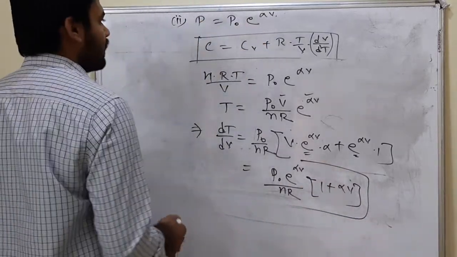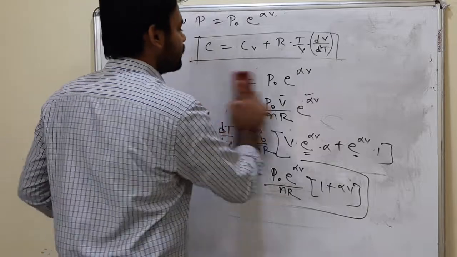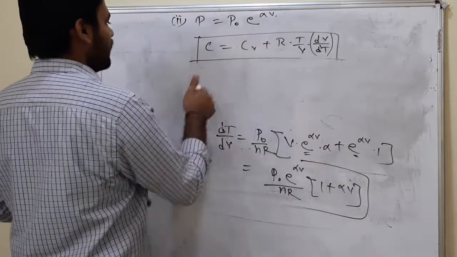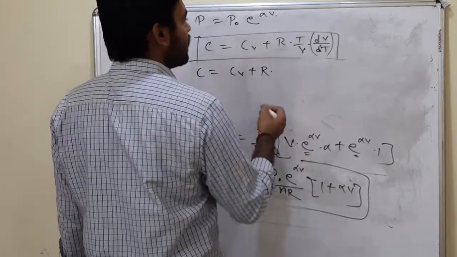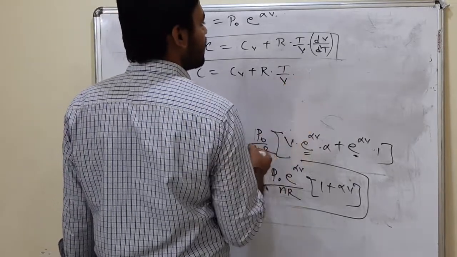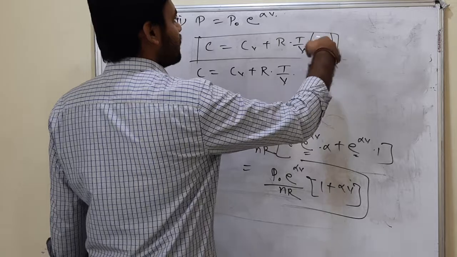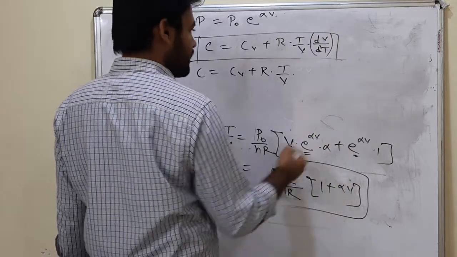Remember this. Now I will use this expression: C equals Cv plus R, then T by V, and this is dV/dT, which will be the reciprocal of this term.